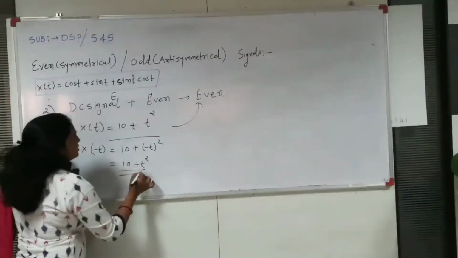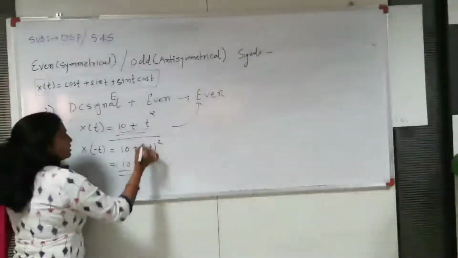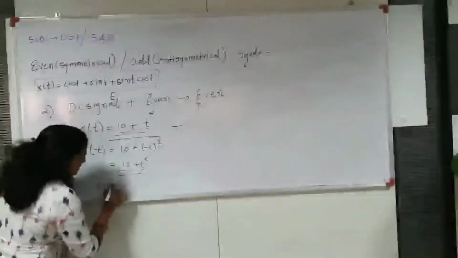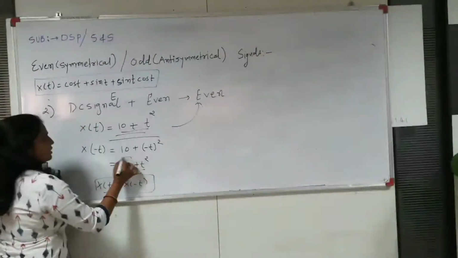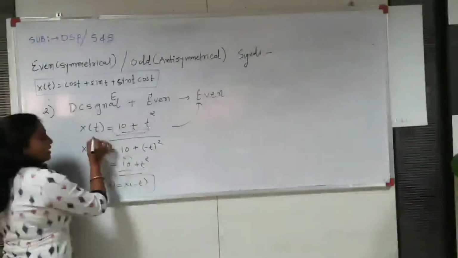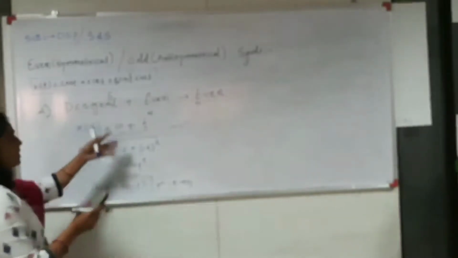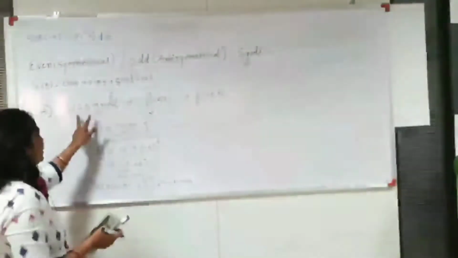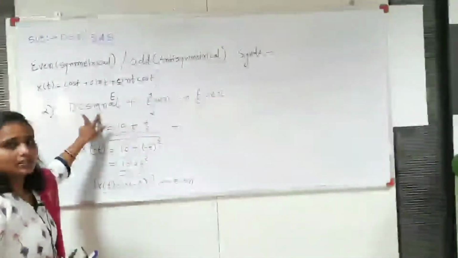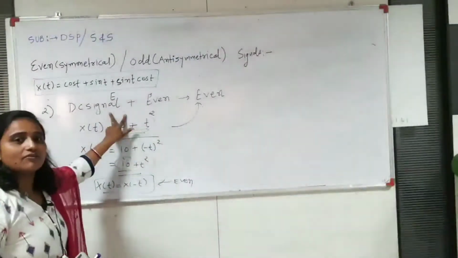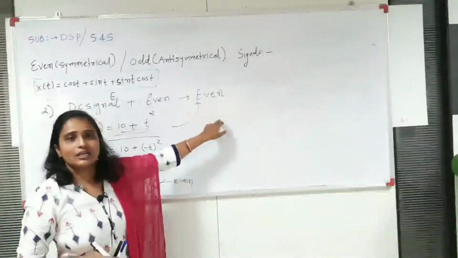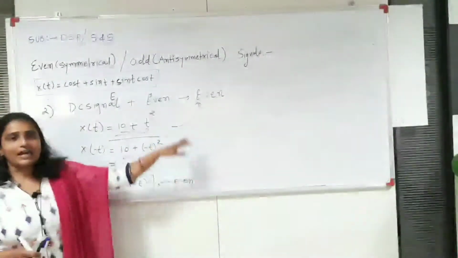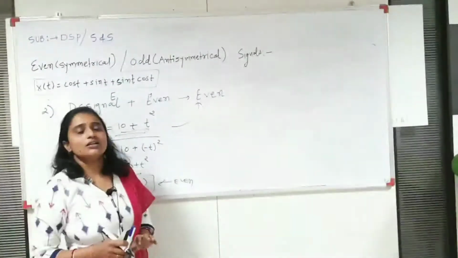So this equation is nothing but our original signal. So we can say that x of t is equal to x of minus t. See here, this x of t and x of minus t are the same, so it's an even signal. So from this we can say that the DC signal is an even signal, and the addition of even signal plus even signal always becomes an even signal. So that is the second property of any general signal.